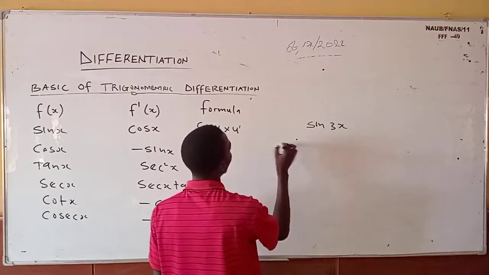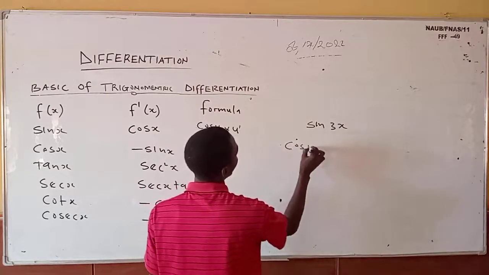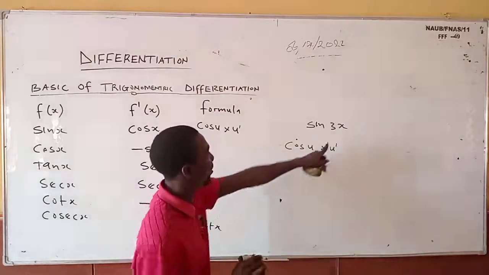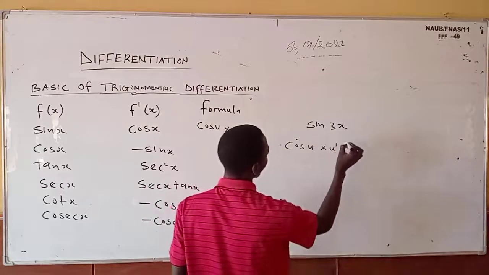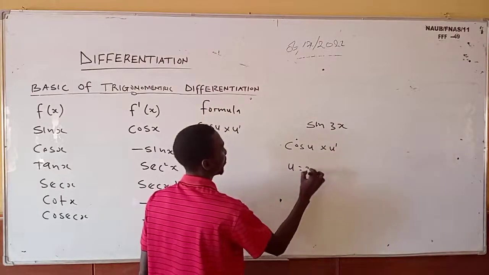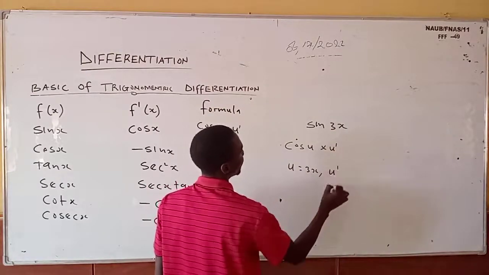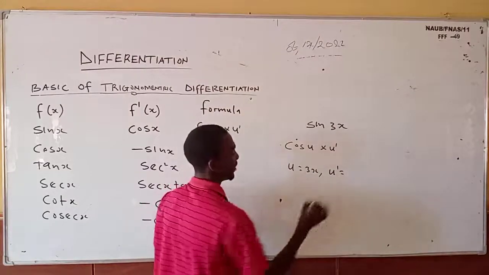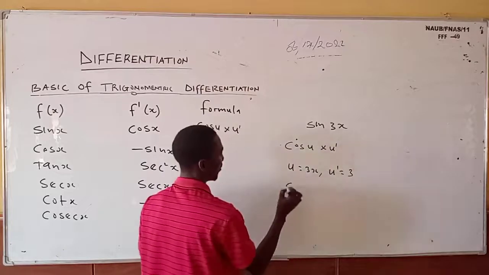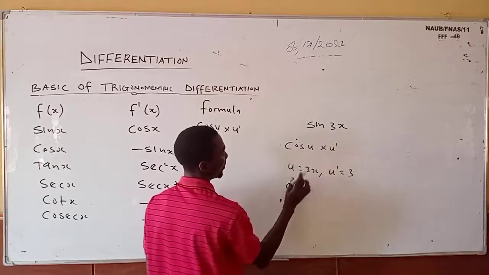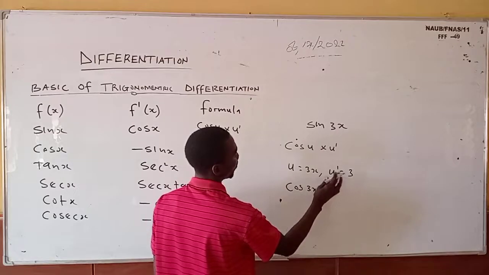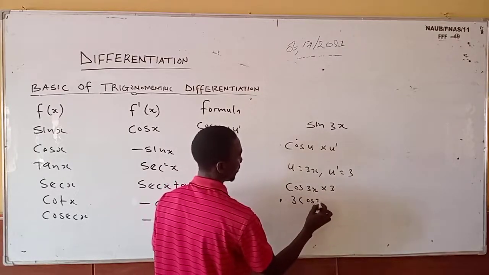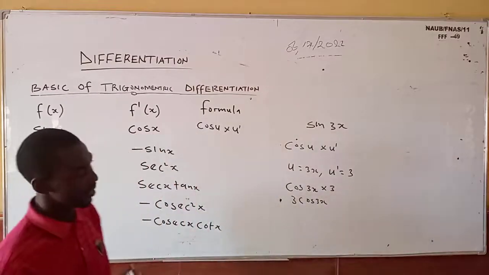This is the formula: cos u multiplied by u prime. Then we say let u equal 3s. If u is equal to 3s, then find your u prime. If I differentiate 3s, I'm going to have 3. So if I put this back here, cos u is cos 3s, multiplied by u prime, which is 3. 3 times this is 3 cos 3s. I hope you understand it now.